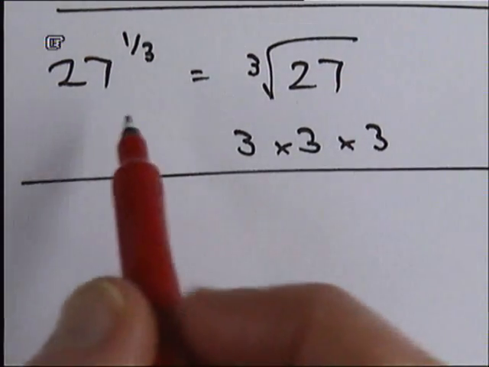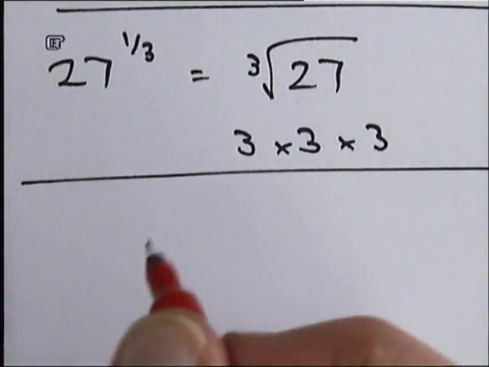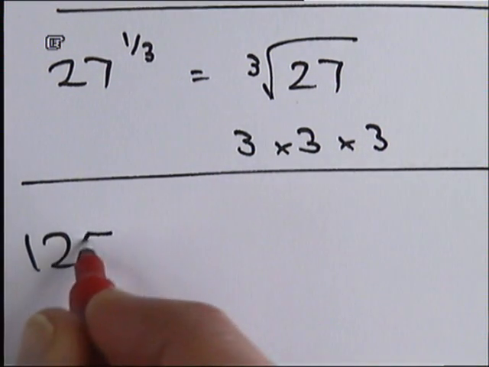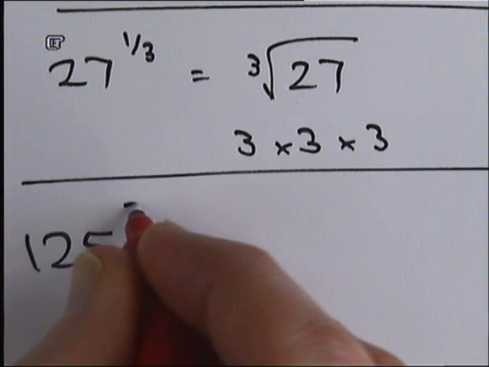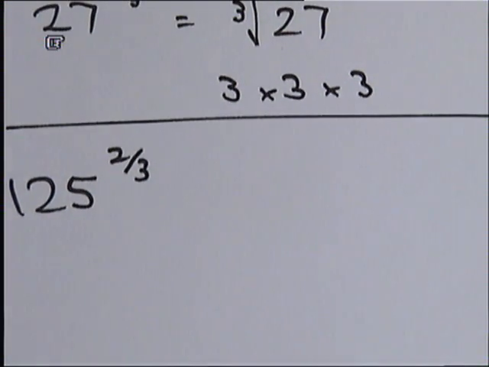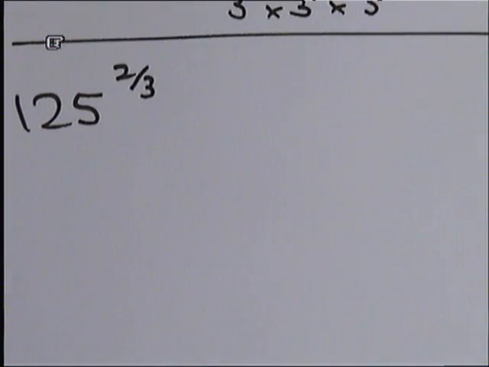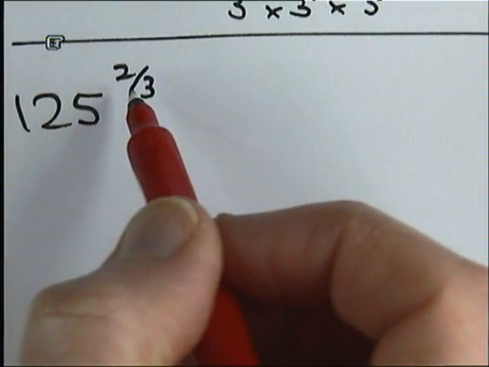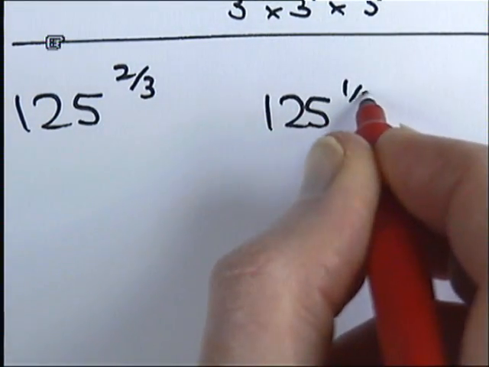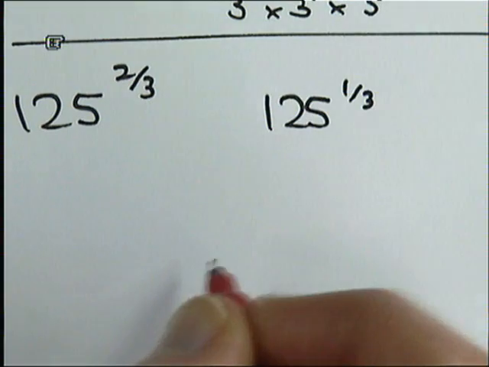So far, all the fractional powers we've seen have got a 1 on the top. That's not always the case. We could come across something like 125 to the power of 2/3. If you have a fractional index where the top number isn't a 1, first of all, change it so it is a 1, because that's easy to deal with.